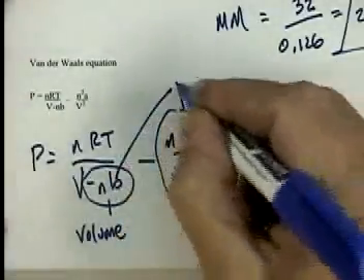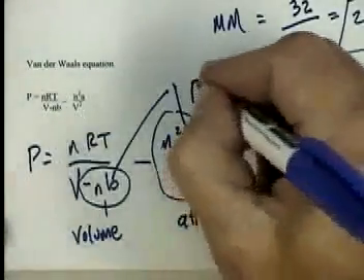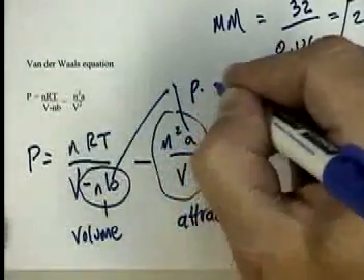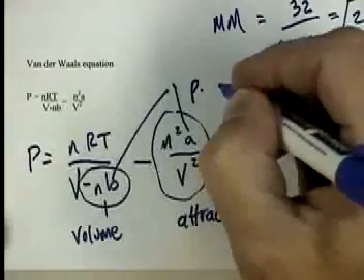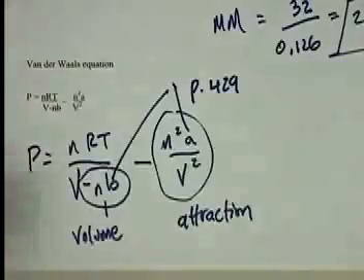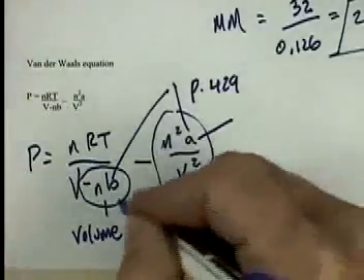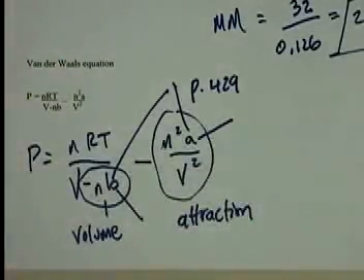Now, a and b, you'll say, hey, what are those? I've never seen those before. Well, if you look in Brown, LeMay, Bursten in chapter 10, edition 10 as well, page 429, these are the van der Waals constants for various gas molecules. And the amount of attraction, and of course the volume that the gas molecules actually take up, differ depending on what they are.